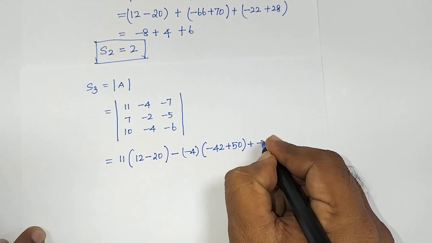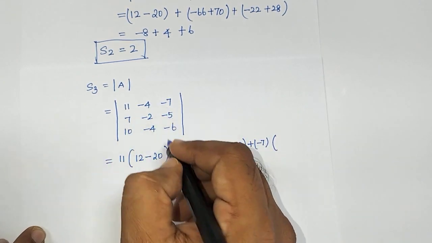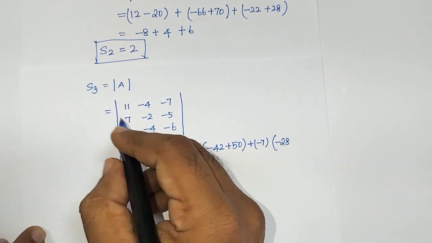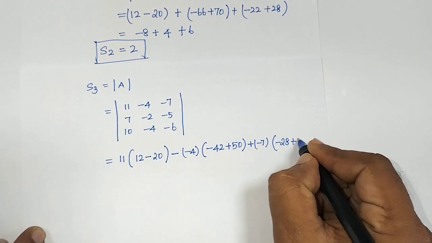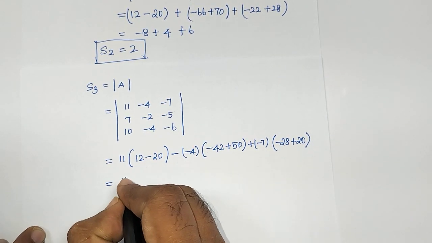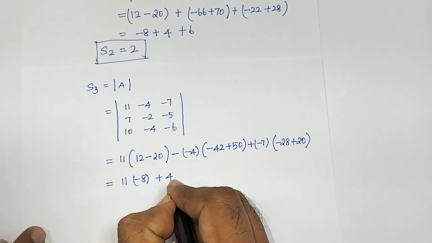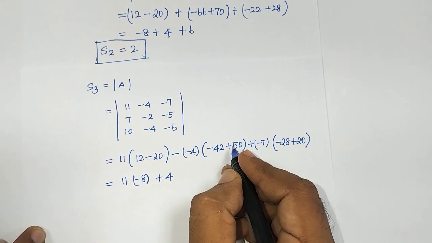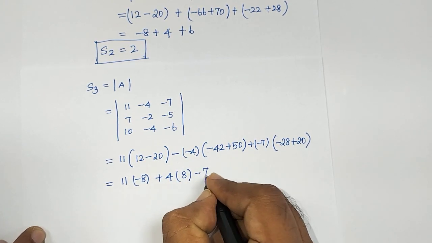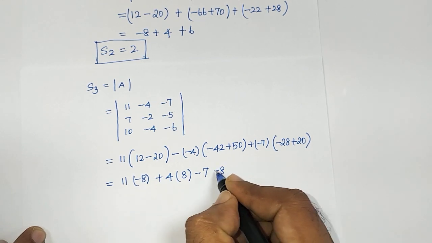And plus minus 7, I take this minus 7, and with the first row, third column omitted, the remaining you can write: minus 28 plus 20. So you will get 11 into minus 8, minus into minus plus 4, and minus 42 plus 50 you will get 8, and minus 7 into, here you will get minus 28 plus 20, minus 8.